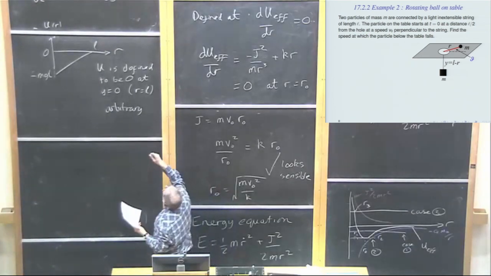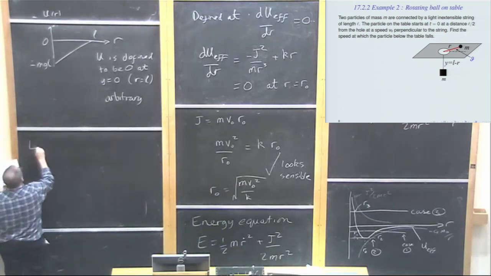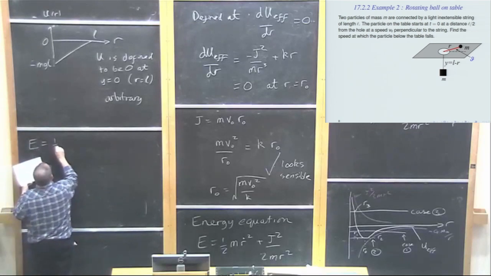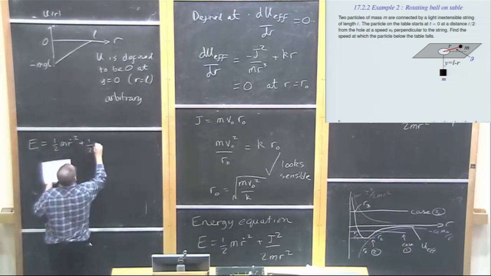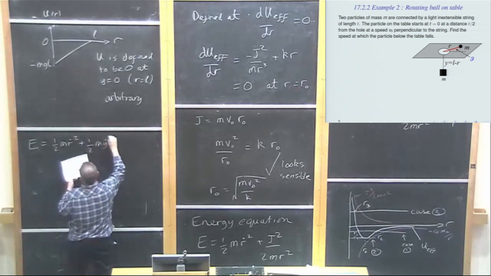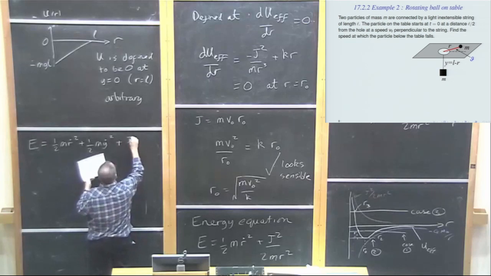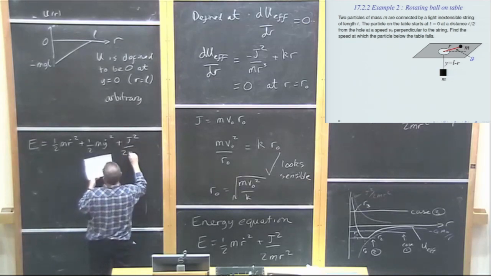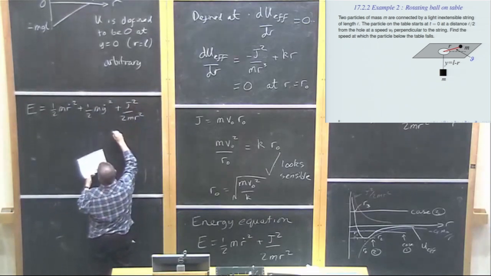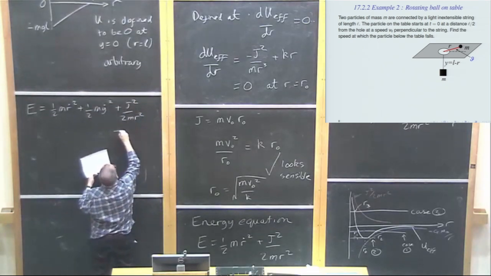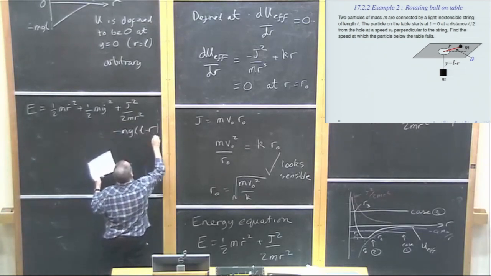Okay, so let me write down again the total energy. It's a half m r dot squared plus a half m y dot squared plus J squared over 2 m r squared, and then the final term is minus m g y, which is minus m g (L minus R).